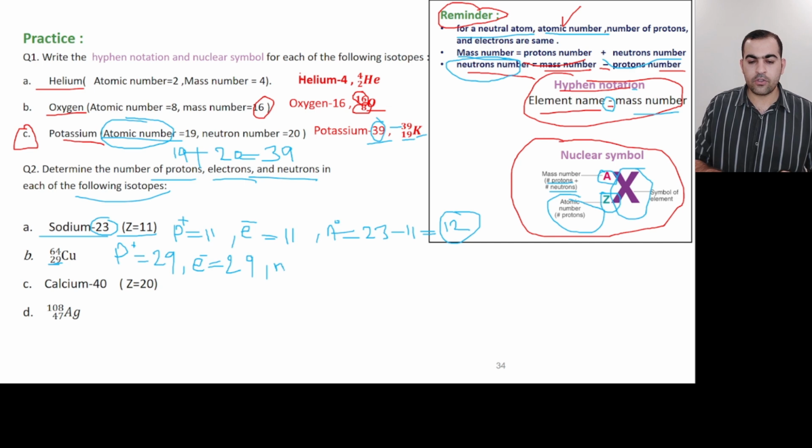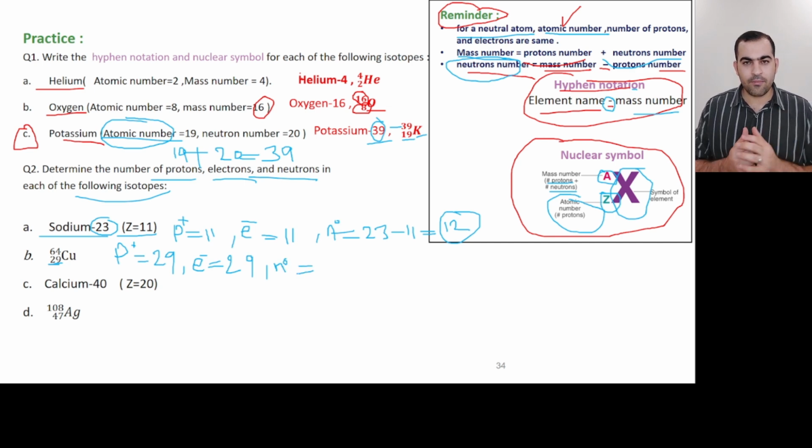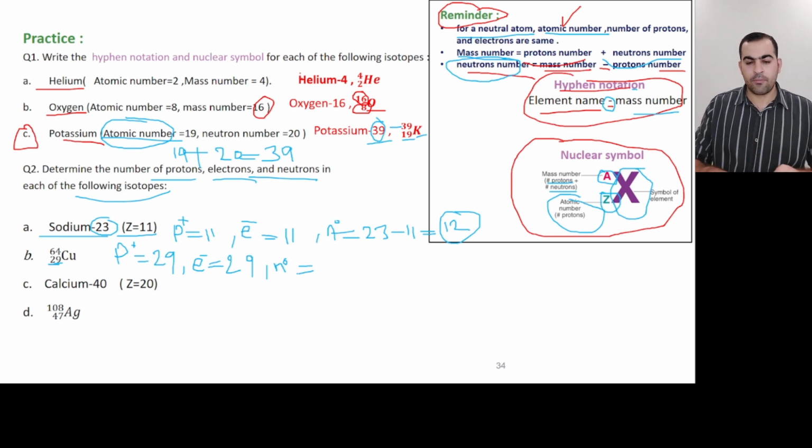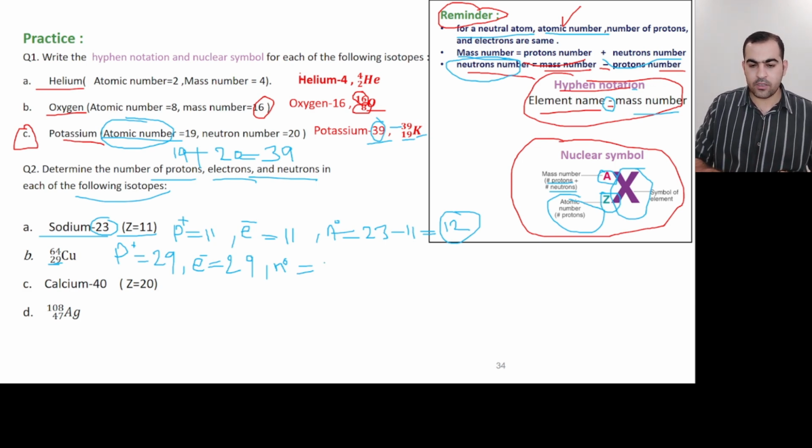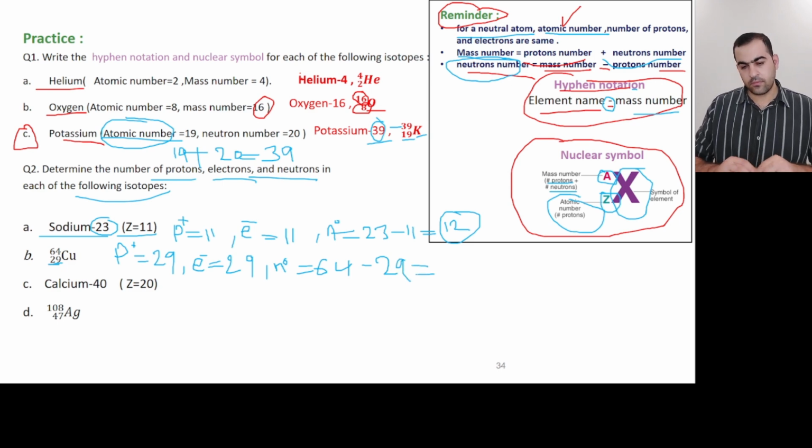What else do we have? Neutrons. Neutrons number equals mass number minus protons number. Mass number is 64. 64 minus 29 equals 35.